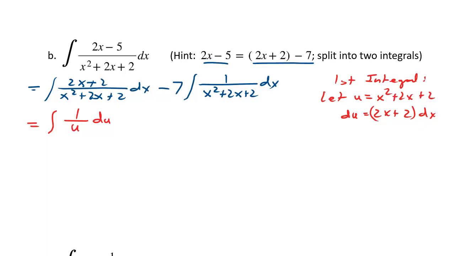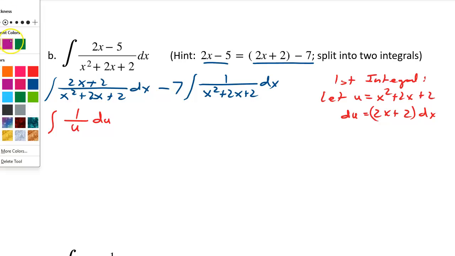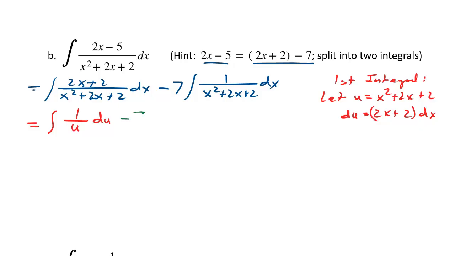And then for the second integral, let me change to green here. That's where we're going to use completing the square. So x squared plus 2x plus 2: isolate the first two terms, put that in parentheses, and the plus 2 on the outside.